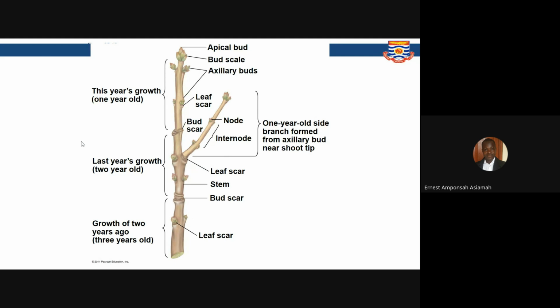We also have another kind of meristem, which we call the intercalary meristems. They facilitate the growth of the leaves.